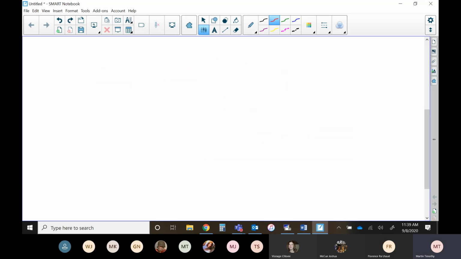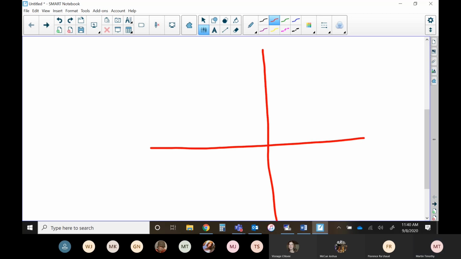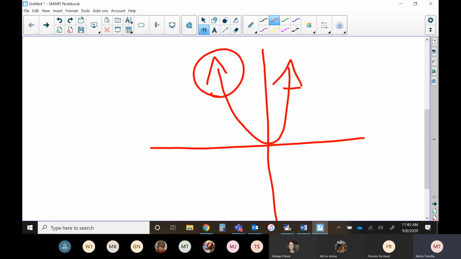Careful, listen. When I am here and I'm vertically, that means I'm pulling this, I'm taking this right here, and I'm pulling it up. That's vertical. That made it skinny.